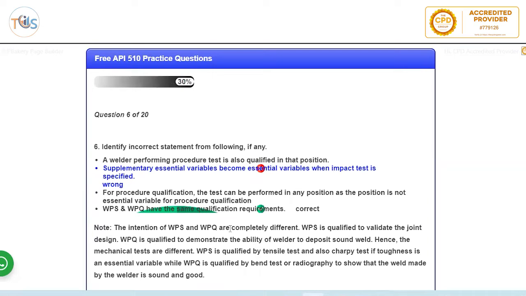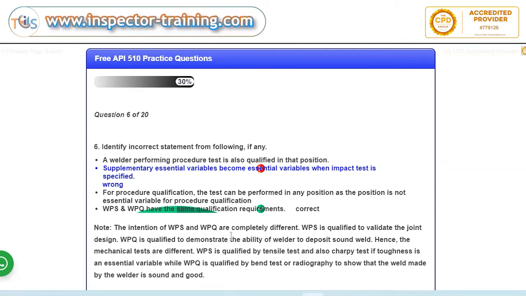Question 6, identify the incorrect statement. Be careful here: there are three statements which are correct, and you're looking for the one which is not correct. So read the question carefully. Answer one is welding performance qualification, where the procedure test also qualifies in that position.